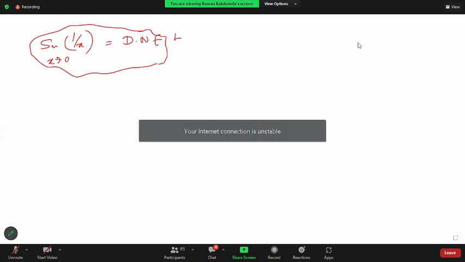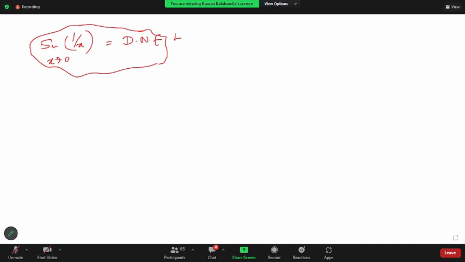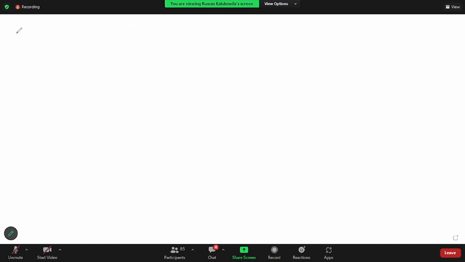Next one. Limit of x sine 1 over x. Now the function is a little bit different. Limit of x sine 1 over x.